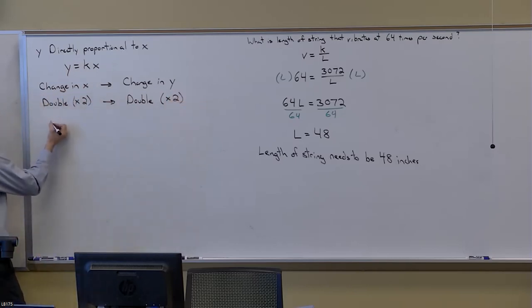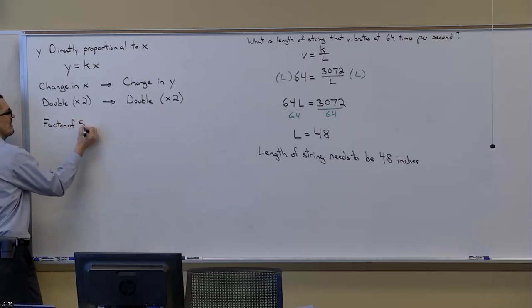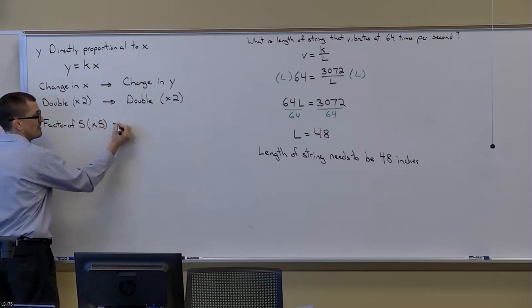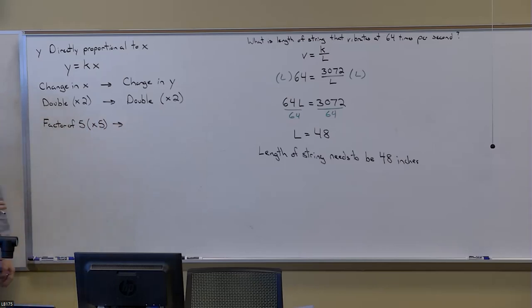If x gets multiplied by a factor of 5, and I'm just picking out 5, so we're multiplying x by 5. Everybody follow that? We're increasing by a factor of 5 means multiplying by 5.